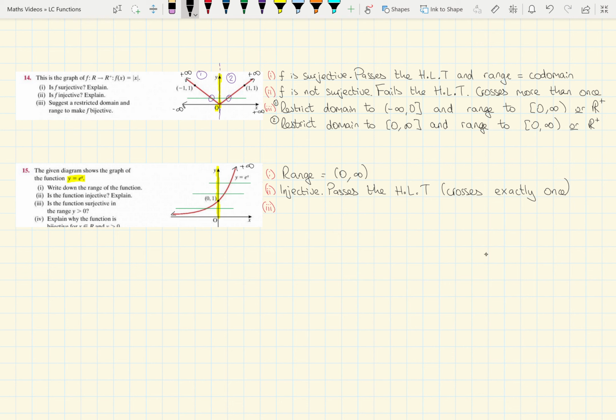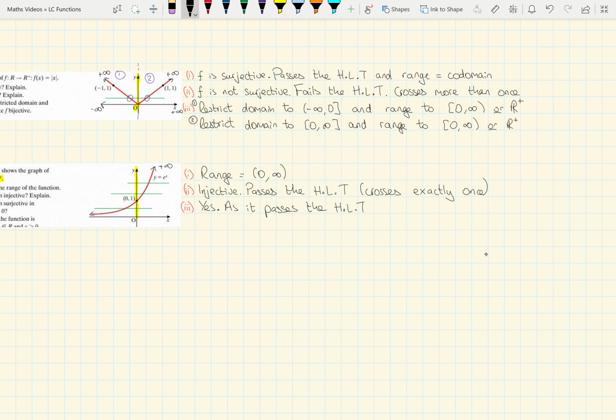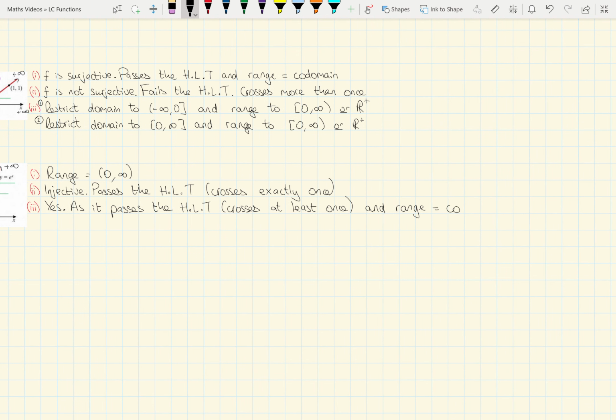So we've satisfied that. We've satisfied the horizontal line test. We'll say as it passes the horizontal line test, crosses at least once, and our range equals our codomain.